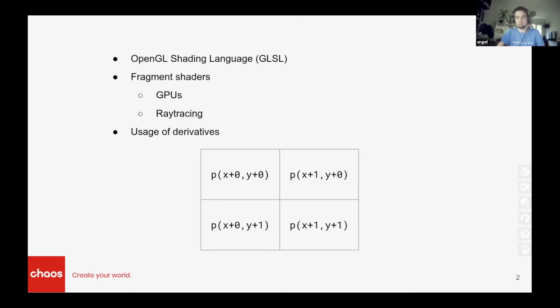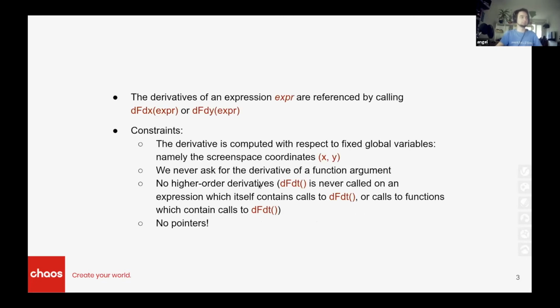GLSL is a C-like language, but there are several constraints which make our job way easier than if we would have to implement AD for example, for C. So first, in our GLSL dialect and in the examples that I'm going to show later, we will refer to the derivative of some expression in the code by calling df/dx or df/dy of the given expression.